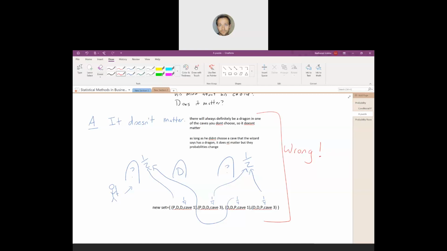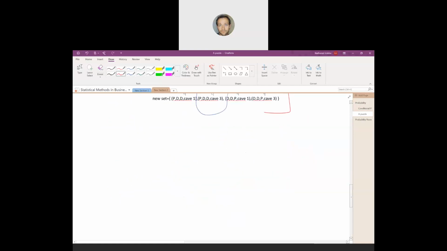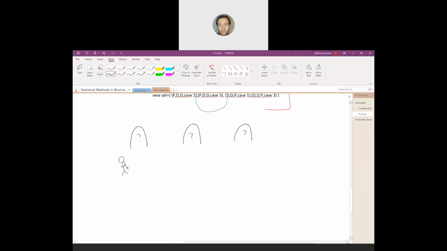First, I want to try to give some intuition on why this is. Same setup. We don't know. We don't know. We don't know. Now, imagine here comes along the prince, and he's going into the first cave.